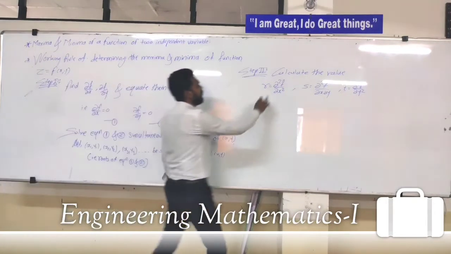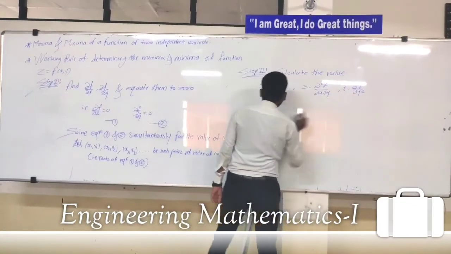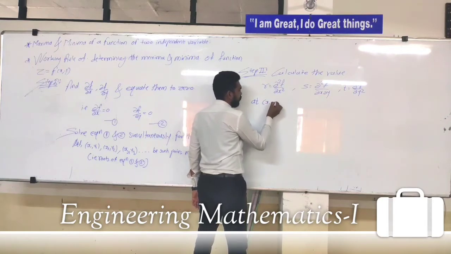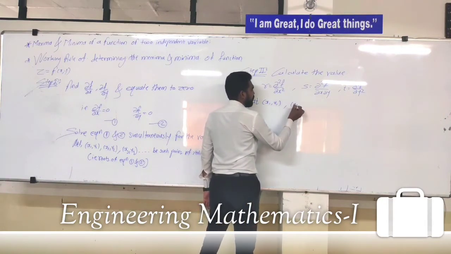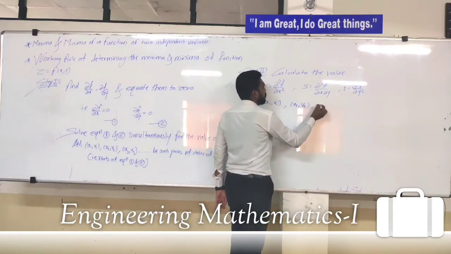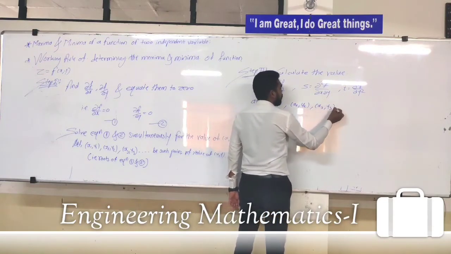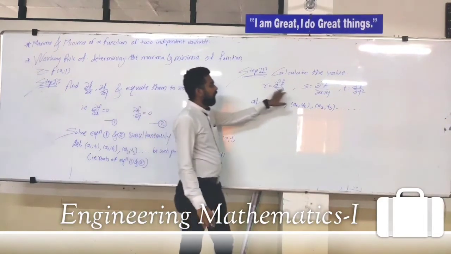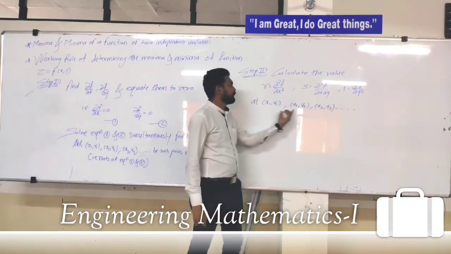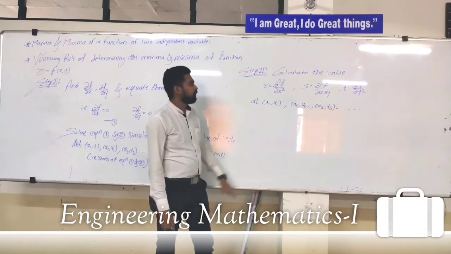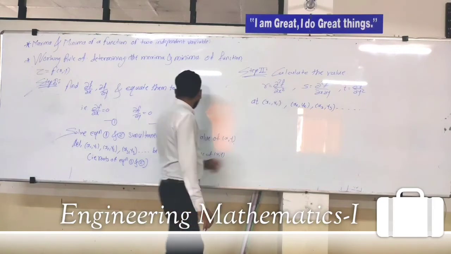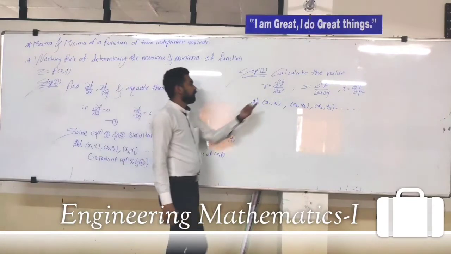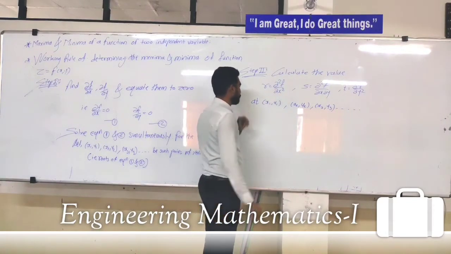And calculate the values of r, s, t at x1, y1, x2, y2, x3, y3, and so on. You know how to find the second derivative: differentiate f twice with respect to x.